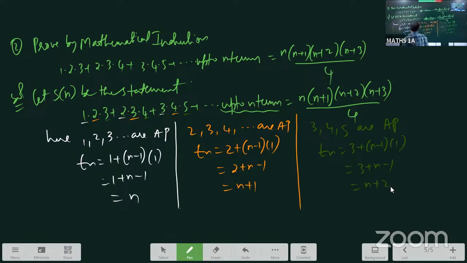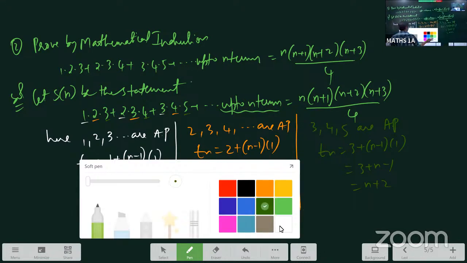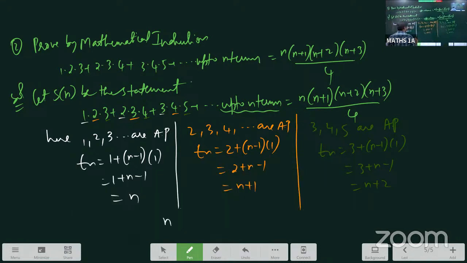So therefore your nth term is, what is your nth term we got? n into n plus 1 into n plus 2. Now again write down the statement. We got the nth term.